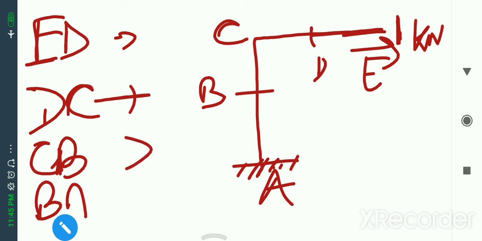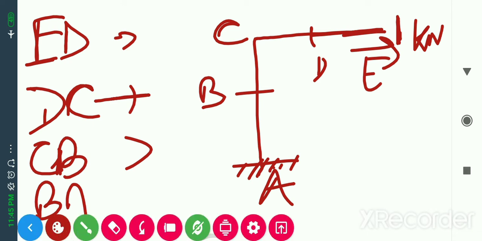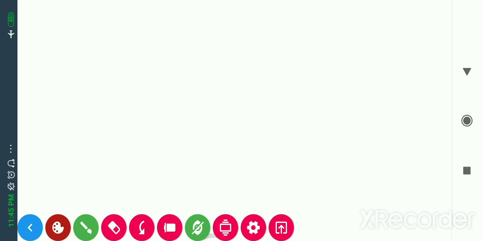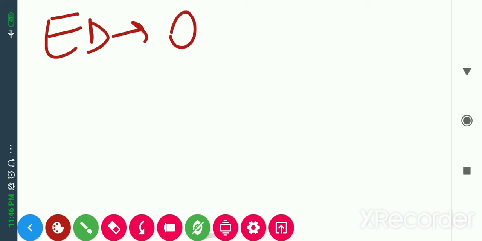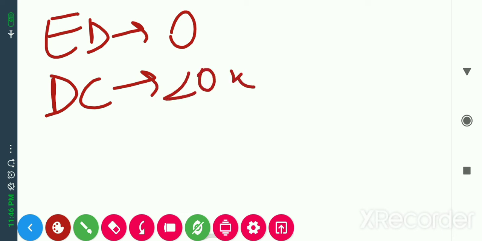We have already determined the value of capital M in all those parts, so I am just writing the values of those here. In ED the value of capital M was 0. In DC capital M was 20x.